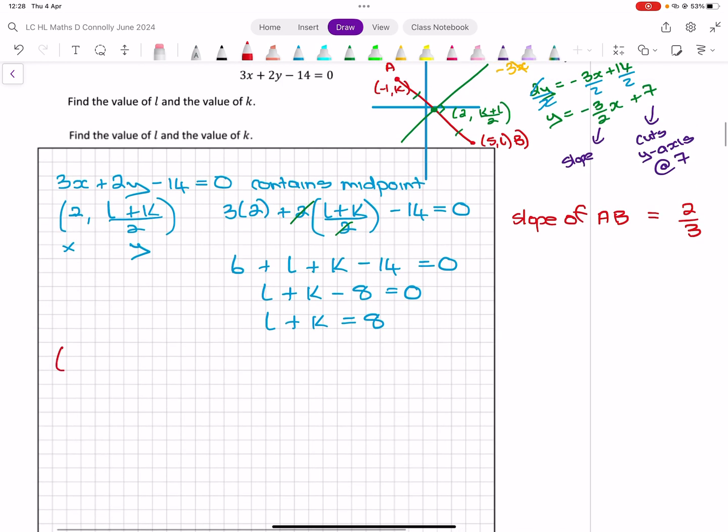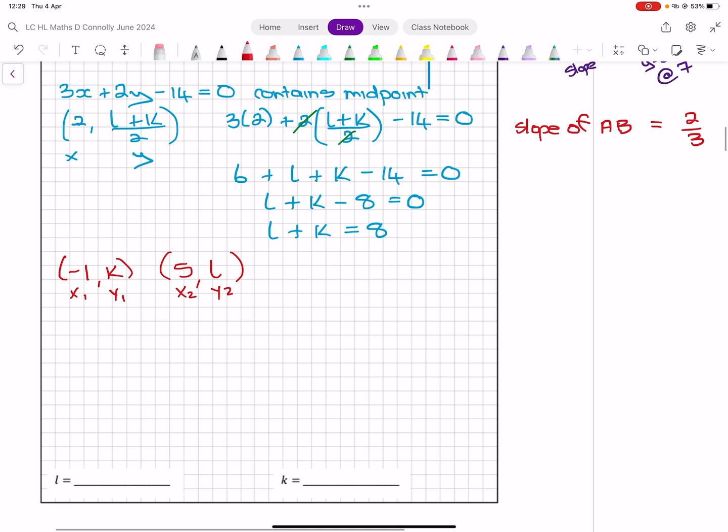So minus 1, K and 5, L, and the slope is y2 minus y1 over x2 minus x1, which is L minus K over 5 minus minus 1. So that's the slope, but 2/3 is also the slope.